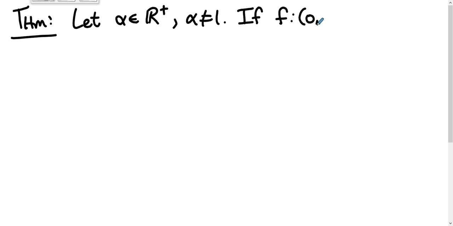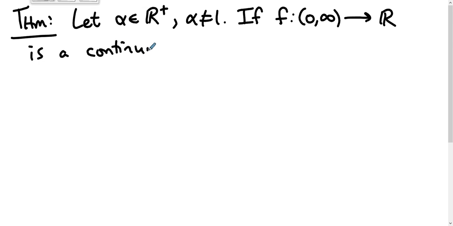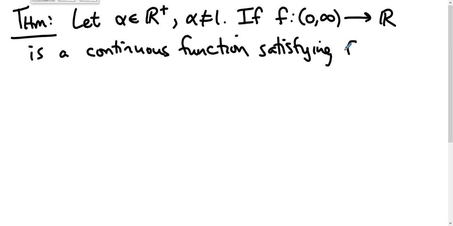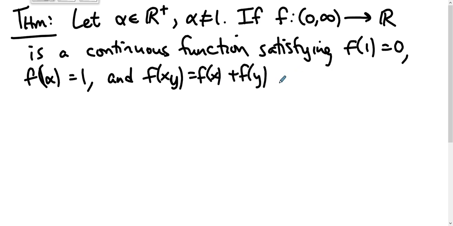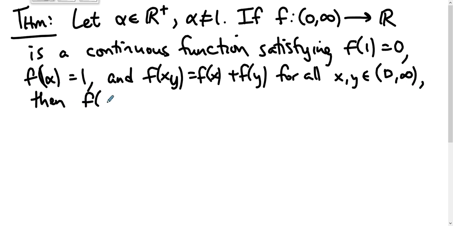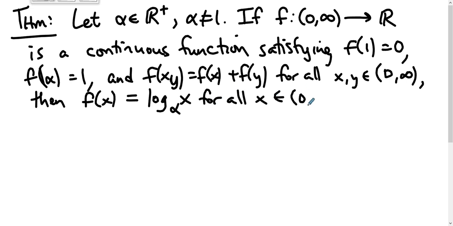If some function f from the positive real numbers to the entire real numbers is a continuous function satisfying f of 1 is 0, f of alpha is 1, and f of xy is f of x plus f of y for all x and y in the domain, then f of x must be the log function with a base of alpha for all x in the domain.